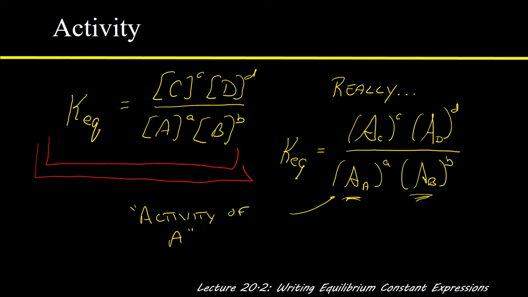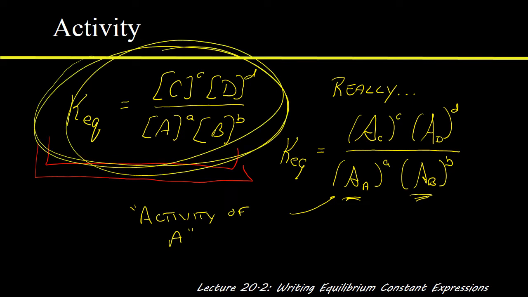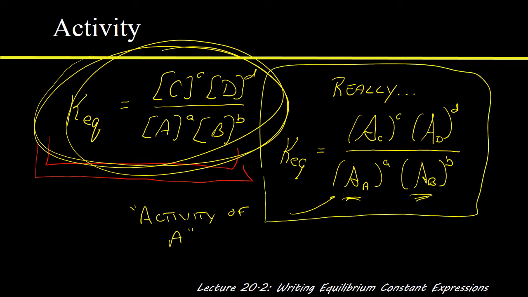Again, if I ask you to write an equilibrium constant expression, what I really want is for you to give this one. I'm only mentioning activity here because we need to do things a little bit differently for liquids and solids and gases and soluble species.